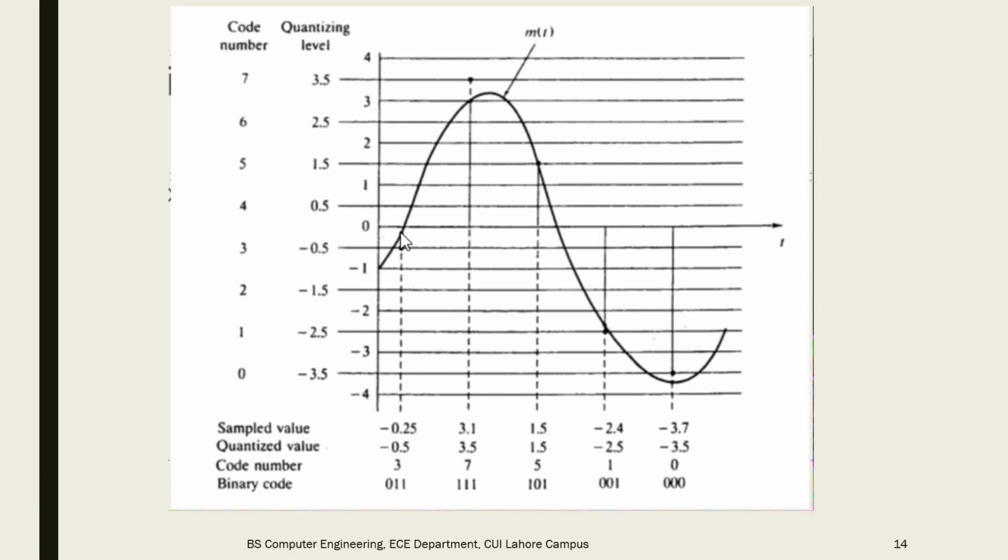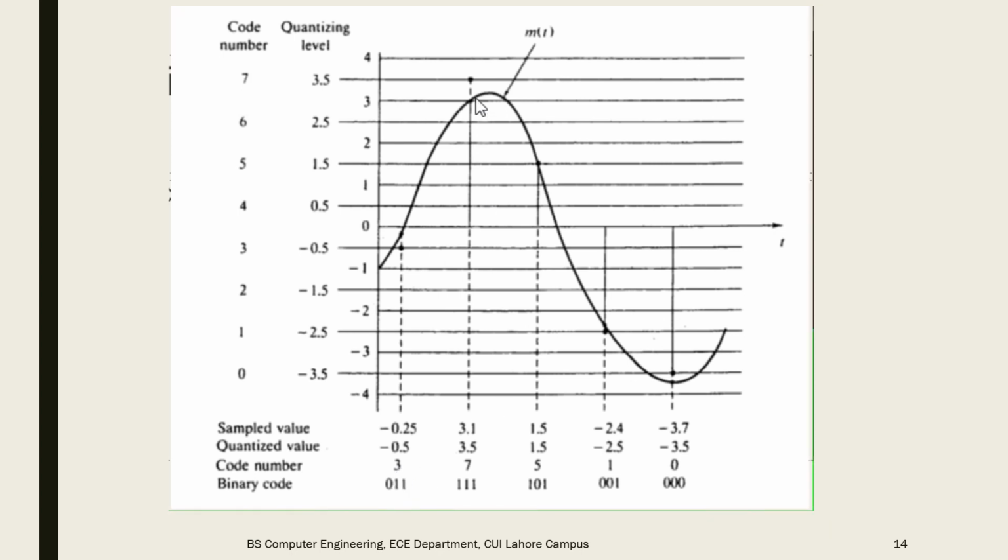If I round it up to 0.5, then the quantization error is very high, but if I round it to the minus 0.5 level, then the quantization error is very small as compared to the other scenario. So I can write that my quantized value is minus 0.5, and this level is 3. So the binary code assigned to this is 011.